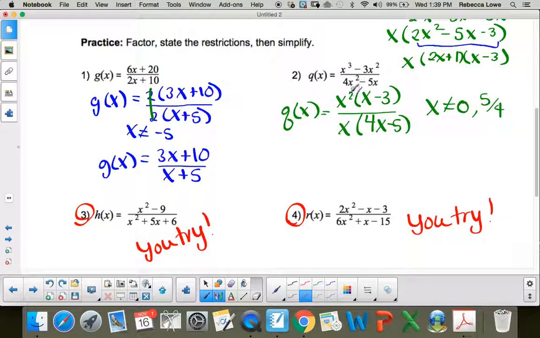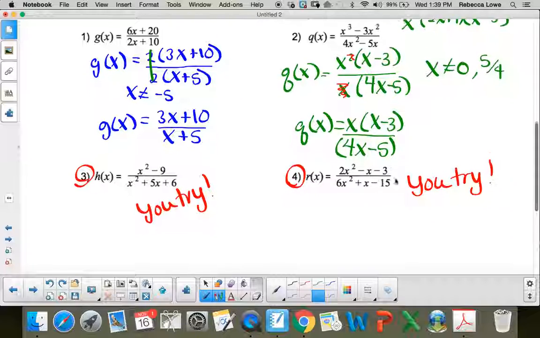X squared is the same thing as x times x, so I can cancel out one of these for one of these. So I have 1 x in the numerator left over. So q of x simplified is x times x minus 3 over 4x minus 5. I have to keep these in parentheses because I've got two factors. This denominator is only one factor, so I don't have to keep it in parentheses. If you prefer to keep things in parentheses, that is fine.